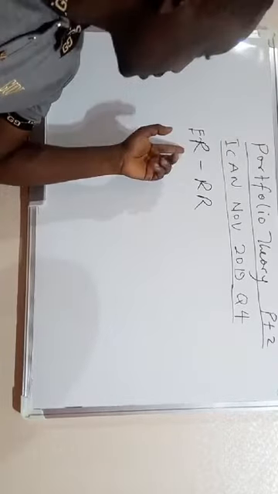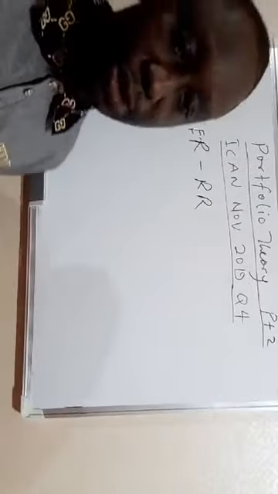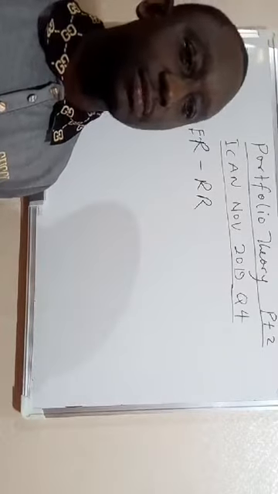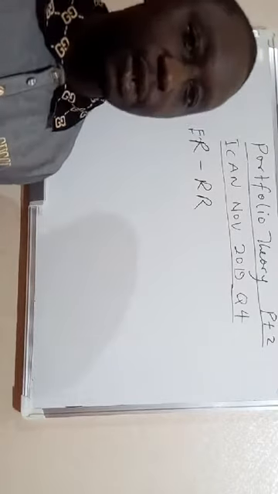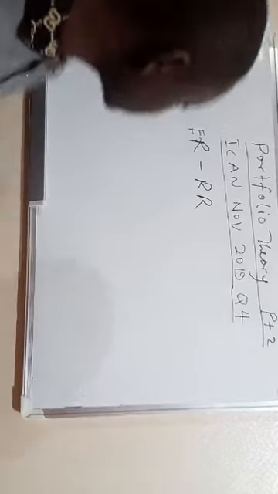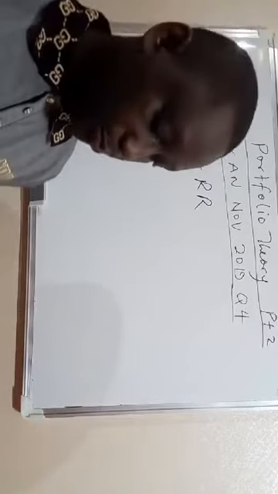But when the required return is less than or more than the expected return, then we can say that none of them lie on the capital market line. So we are going to be practicalizing that. But let's go to B.